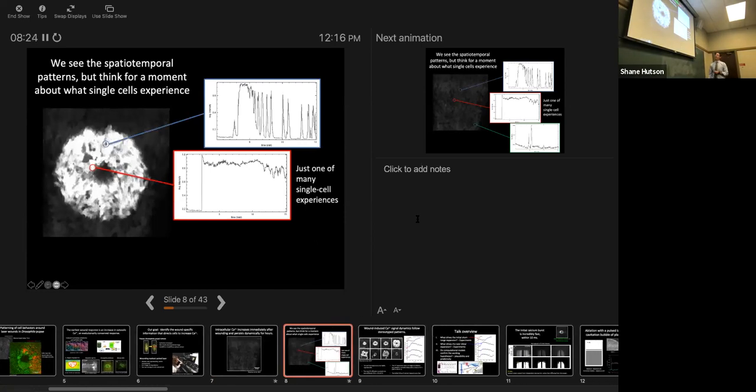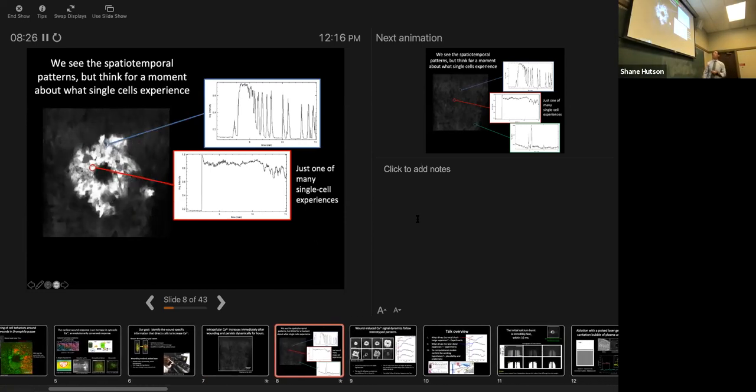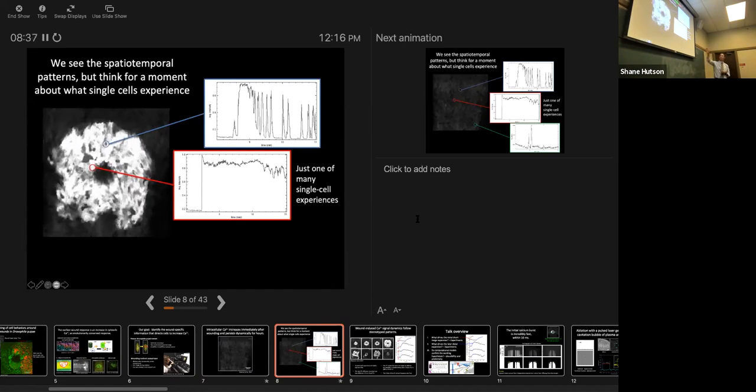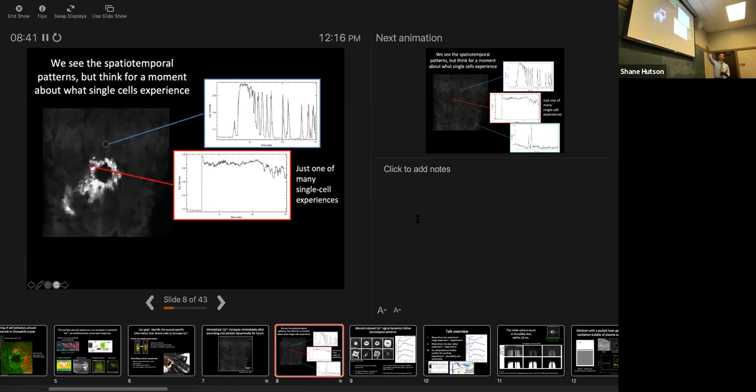All right, now let's take this from a single cell perspective and think about it. When we look at this, we think about the spatial and the temporal patterns, but if you're an individual cell in the epithelium, all you know is what's happening locally, right? And so for some of the cells near the boundary of the wound, right near the margin, calcium goes high and essentially stays high for a long time.